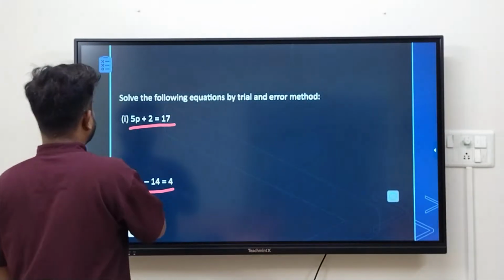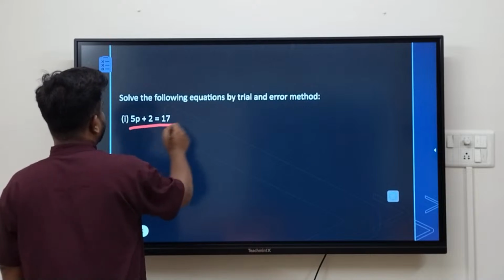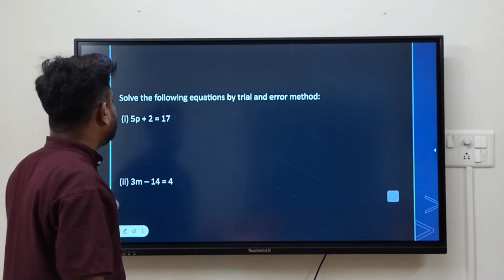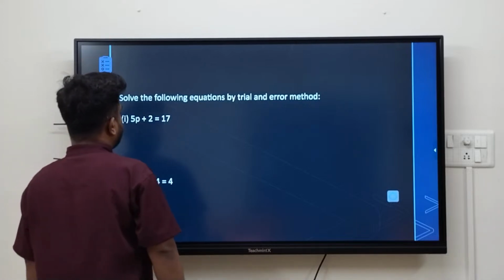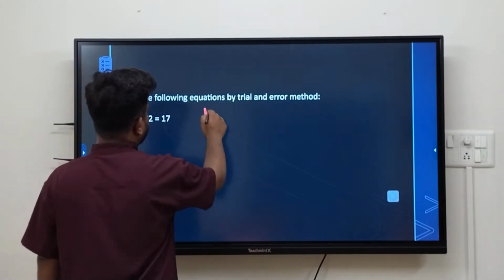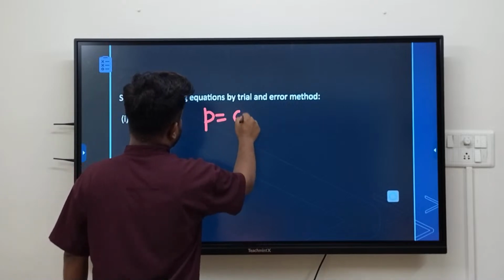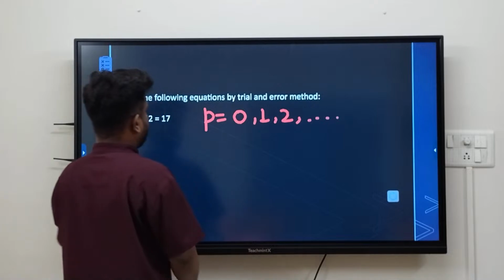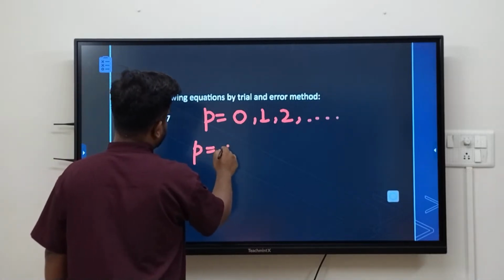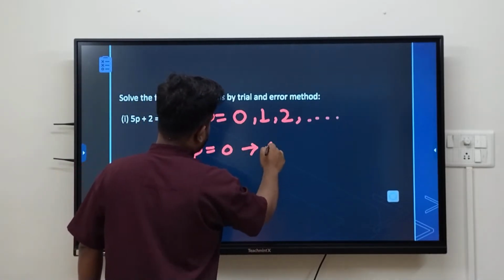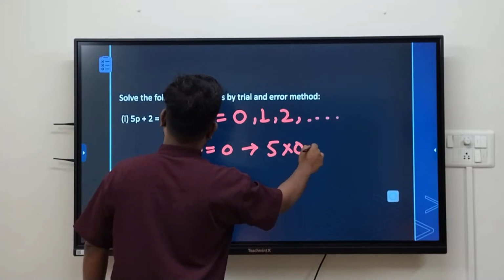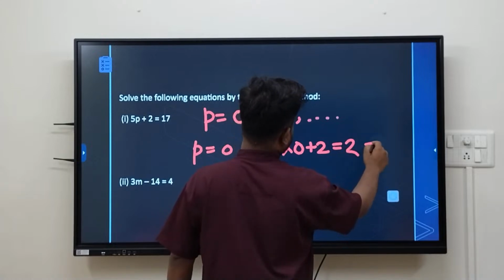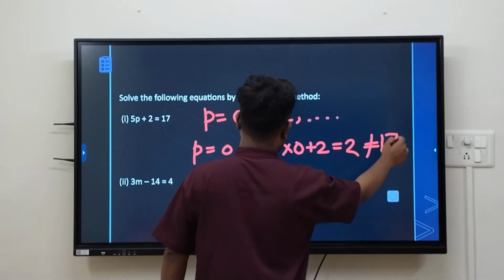So the first one, they are saying that 5p plus 2 gives us 17. We have to check by putting p equals 0, 1, 2 and so on. If I put p equals 0, then the answer will be 5 into 0 plus 2 equals 2, which is not equal to 17.